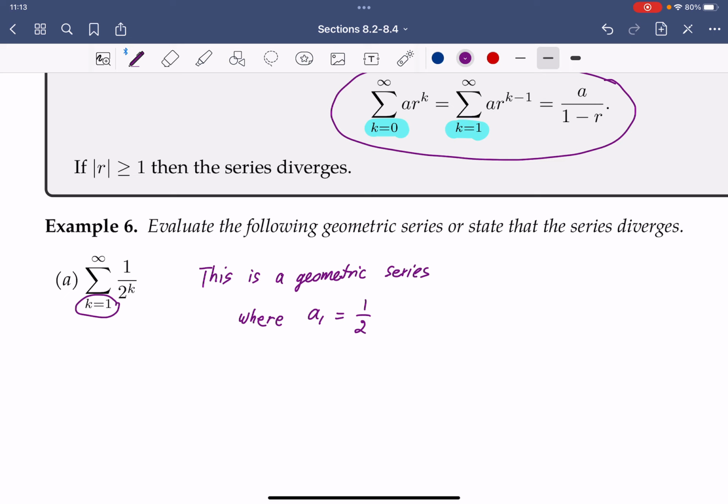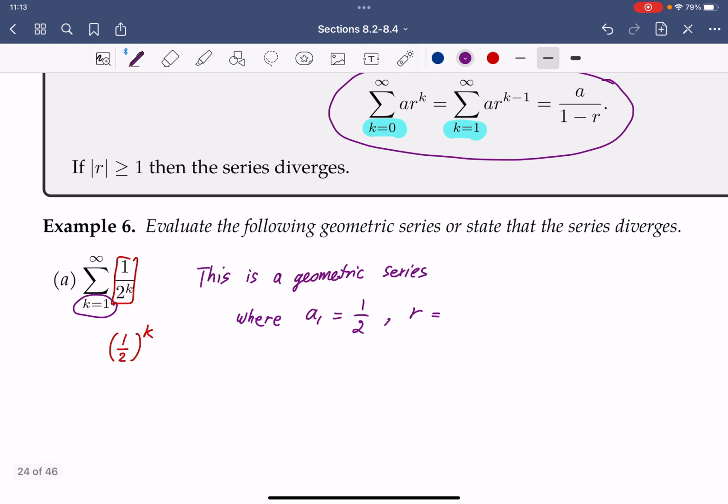And then the second term, we don't care, because at the end we just care about the behavior by looking at r, the common ratio. What is the common ratio here? This form is 1 over 2 to the k, so when k increases, it looks like you multiply by 1/2, 1/2, 1/2, right? So r equals 1/2.